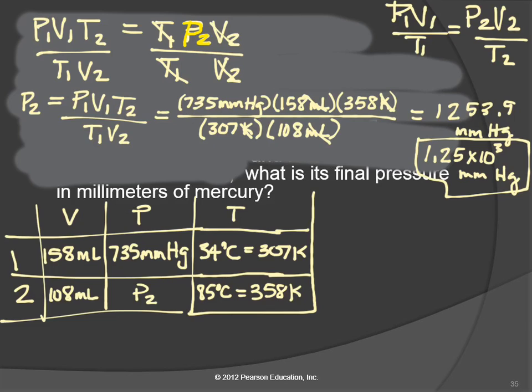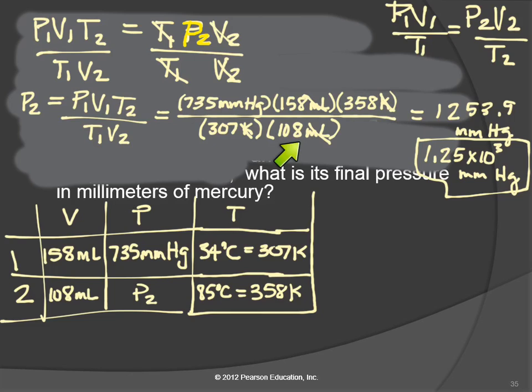Now, if you ended up with 14,625,571, you've got a problem with your calculator and how you're communicating with your calculator. Students generally don't have a problem with 735 times 158 times 358 divided by 307, but then you want to multiply by 108.